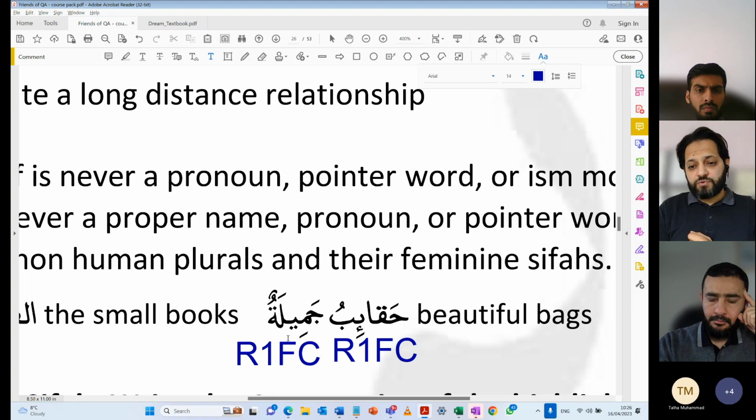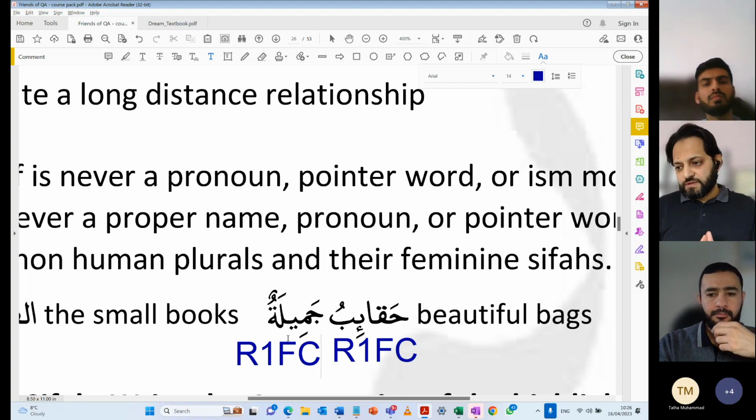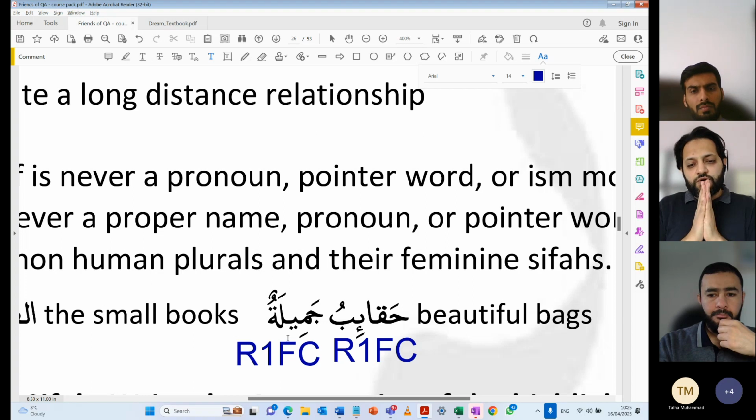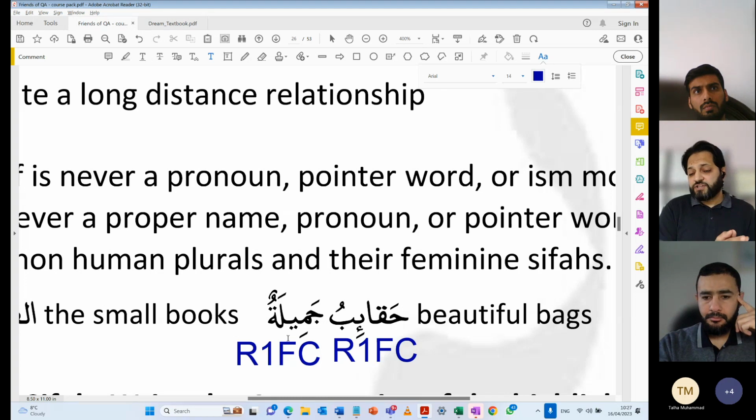So when you look at the broken plurals, you can get tricked by them because they apparently might look masculine, right? A good tip to remember is if you are looking at two things like this and the sifa is labeled feminine, there's a high chance that the Mawsoof is a broken plural, because broken plurals are feminine, non-human.